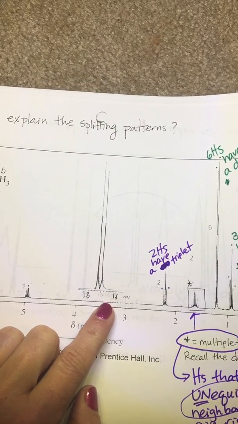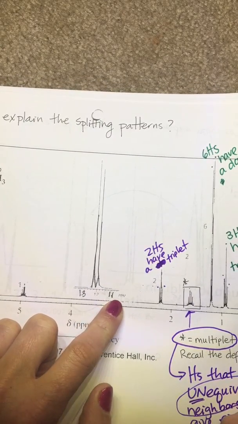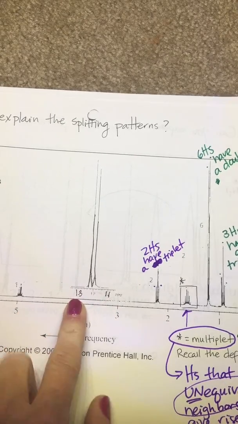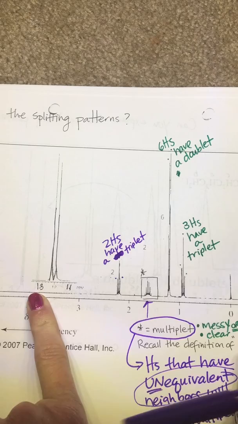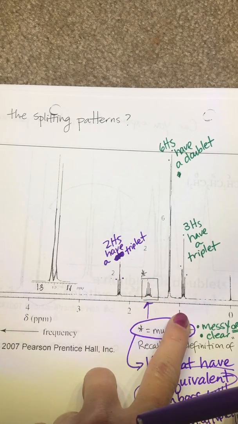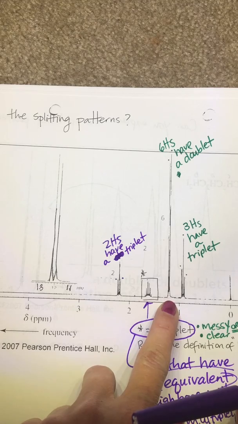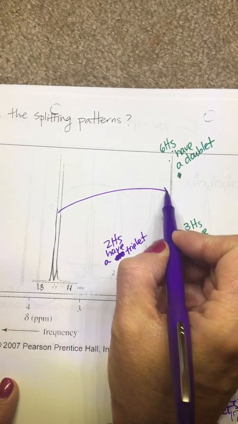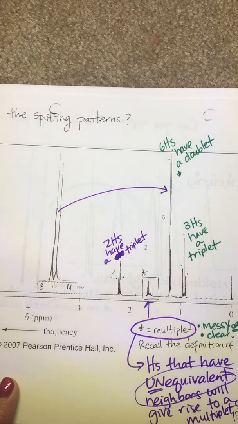Don't get thrown off here. I had to think for a second here, and I was looking at the chemical shift. This is 1.1 to 1.3 parts per million. So if some people had a hard time looking at this shift right here, there's the 1. So this is around 1.3 parts per million. That's this one right here. They just zoomed in on it for you, and they put it further down there, but that's okay.